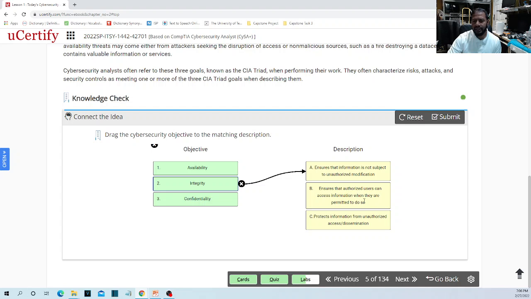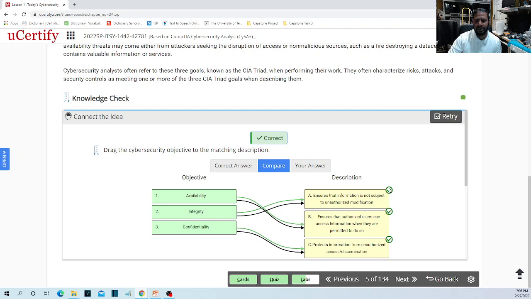It ensures that the authorized users can access, that is availability. It guarantees the data will be available. Number C, protects information from unauthorized access or dissemination. That should be confidentiality. It should remain confidential. Now we click on submit and we see they are correct.